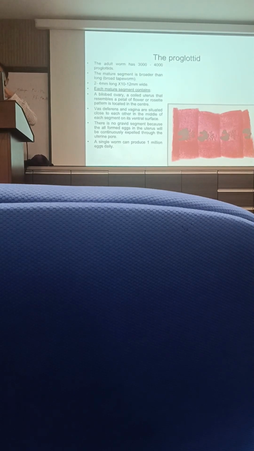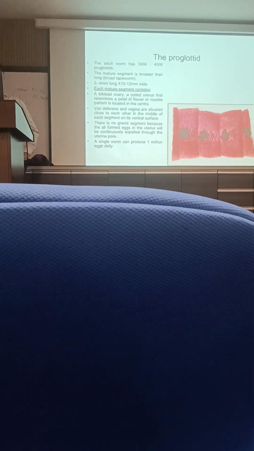So you can see a single worm can produce 1 million ova daily. Such high fecundity. So this is the term I want you to also remember. Fecundity, meaning a power of reproduction, right?